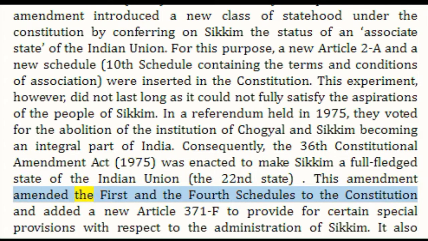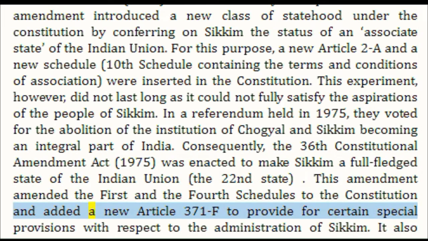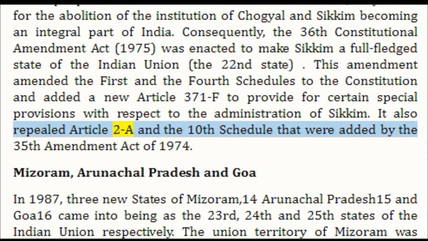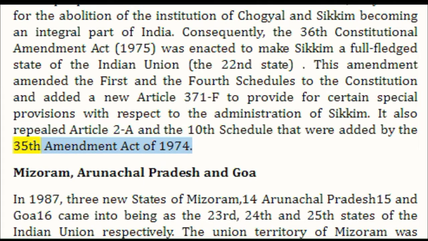This amendment amended the first and the fourth schedules to the Constitution and added a new Article 371-F to provide for certain special provisions with respect to the administration of Sikkim. It also repealed Article 2-A and the 10th schedule that were added by the 35th Amendment Act of 1974.